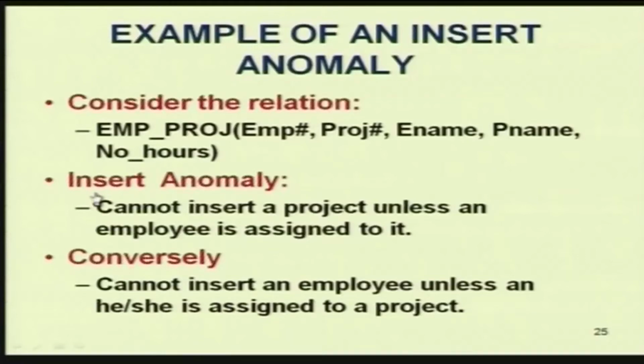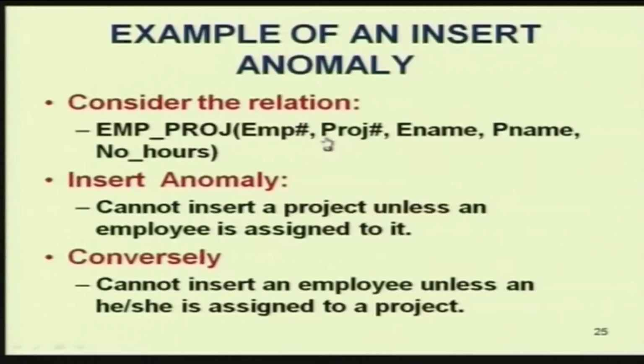Now, let us consider the same relation and look at the insert anomaly. This is very interesting. You cannot insert a project unless an employee is assigned to it. You have employee number, project number, employee name, project name, number of hours. Sometimes a company gets a new project and wants to recruit employees for that project, so it does not have any employees associated.